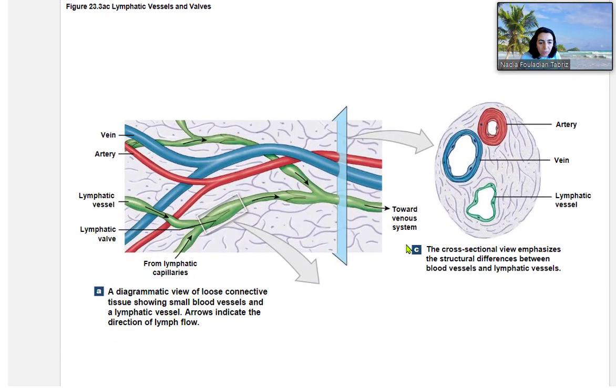And here it is showing all three of them next to each other, and you see that the wall of the lymphatic vessel is even thinner than the vein.